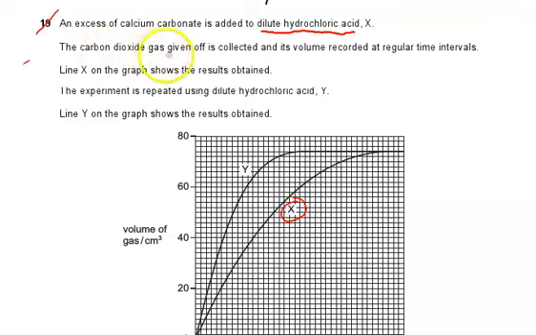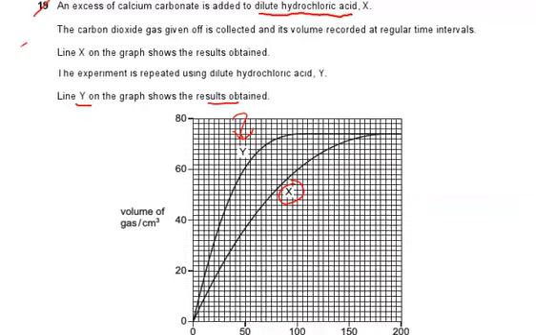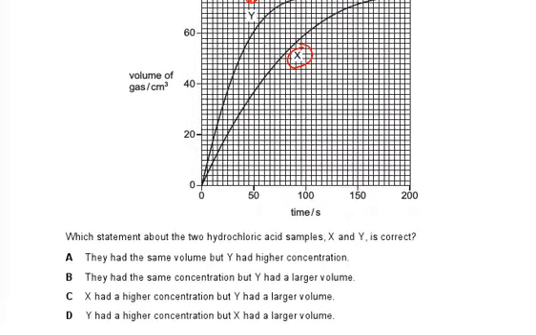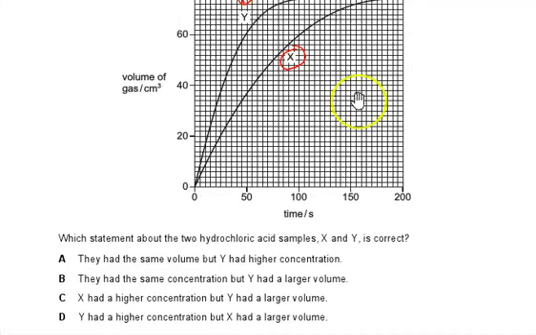The carbon dioxide gas given off is collected and its volume recorded. Line X on the graph shows the results obtained. Line Y shows the results obtained. So line Y is here, the faster reaction. So now the question here is, which statement about the two hydrochloric acid samples X and Y is correct?